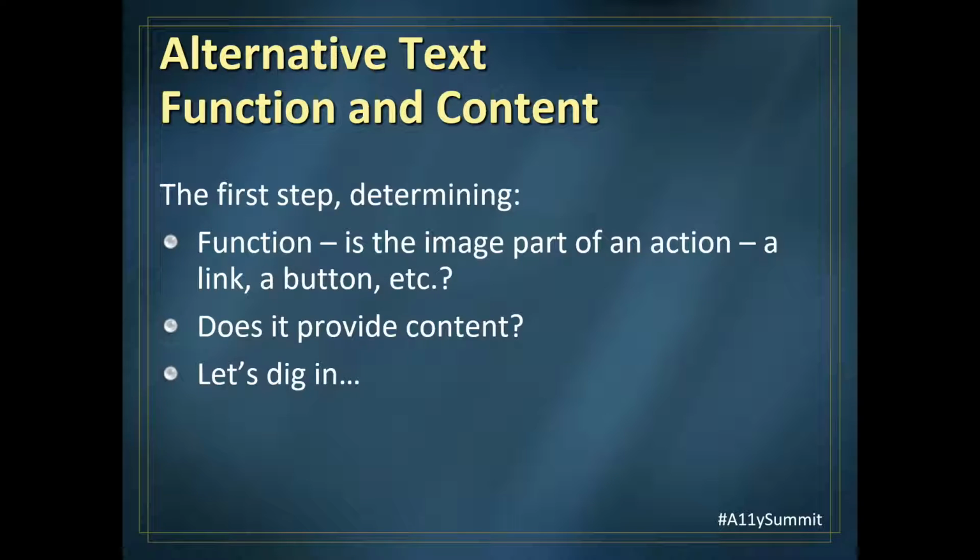Next is, does it provide content? So when you're looking at a page and looking at that image and seeing the content that is around it, many times that will help you figure out what that alt text should be. And again, there will be times where it doesn't provide any content, and we'll be discussing that as well.